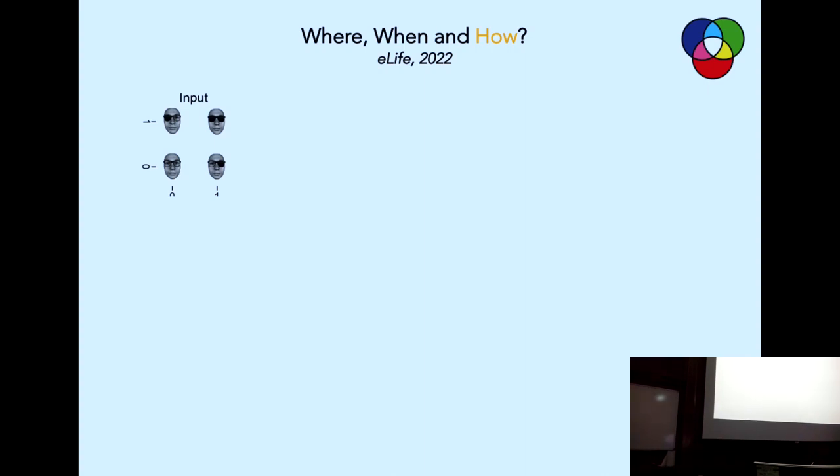So for this, we will go back to computation theory and use binary inputs, dark lens, clear lens on the left, clear lens, dark lens on the right. So these are two binary inputs, first lens, second lens. They can be 0 and 1. Yeah?